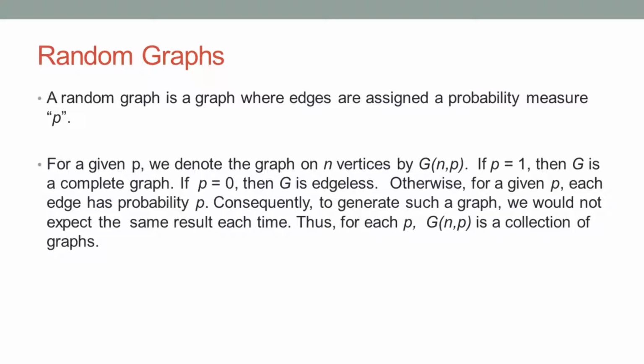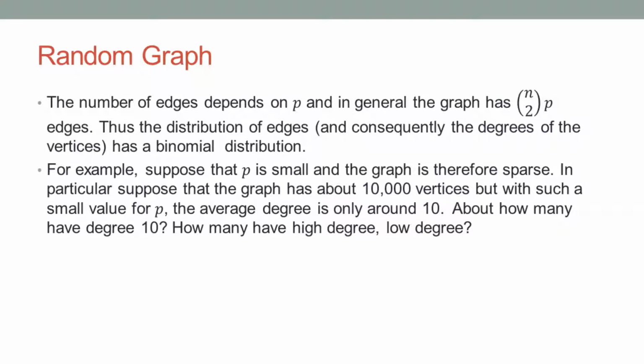So for a given fixed p, you get a collection of graphs, unless, of course, p is 0 or p is 1, where you just get a single graph. The higher the p, the more dense the graph, and the lower the p, the more sparse the graphs in each collection.